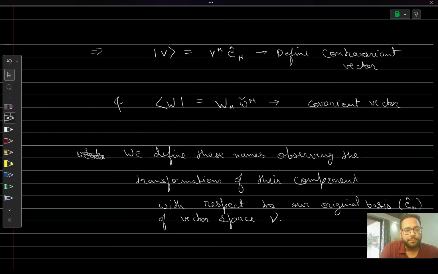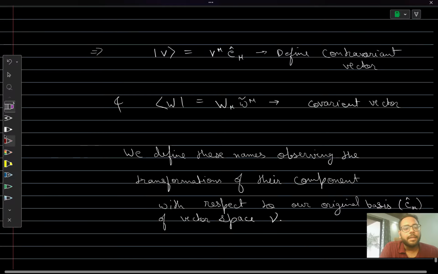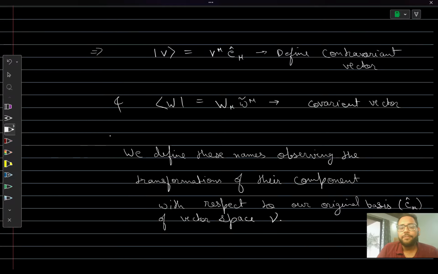The only convention we are following while giving names is this: since these are both vectors, living in their respective vector spaces, and they are both dual to each other, this is just a convention. Whenever you say this is a contravariant vector and this is a covariant vector, it means they follow some transformation properties.